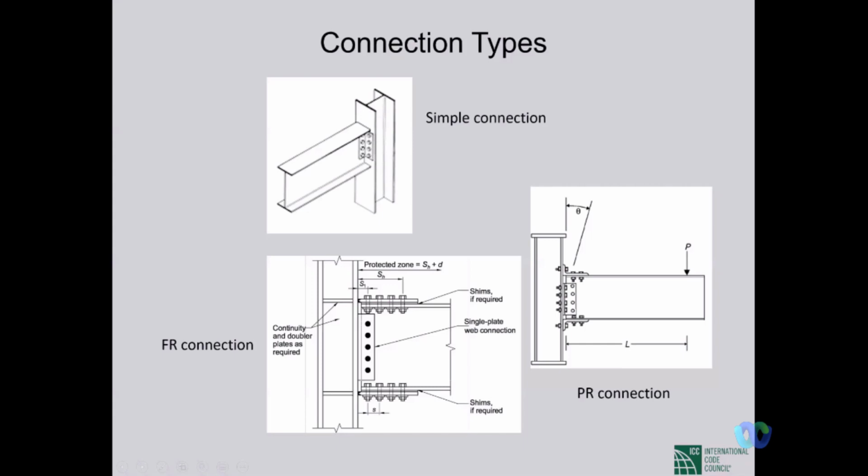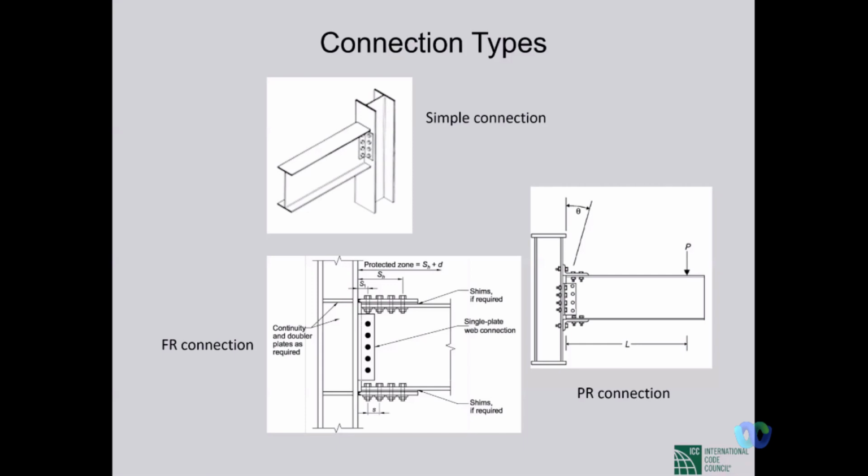But in case of simple connection, these flanges are not attached to the column flange. Only the connectivity is provided through the web of the beam. You see, the beam is connected by its web. In the web, we know that shear stresses are maximum.